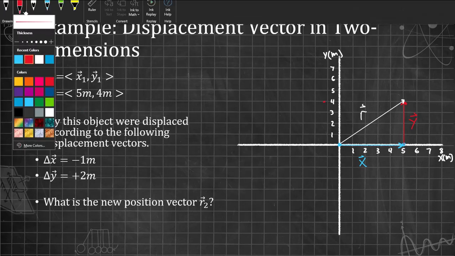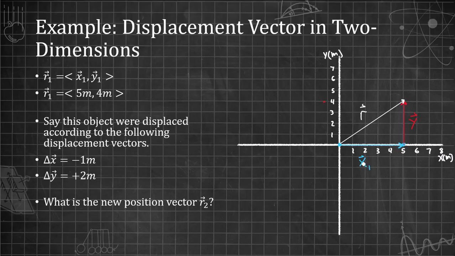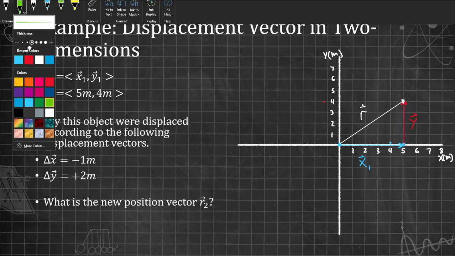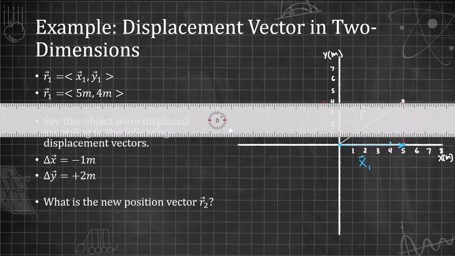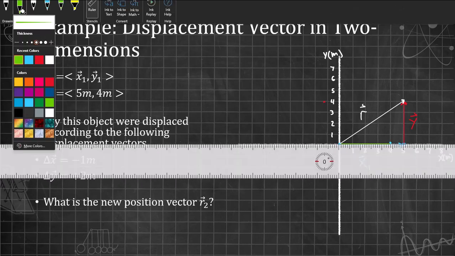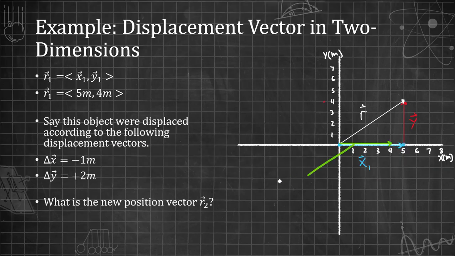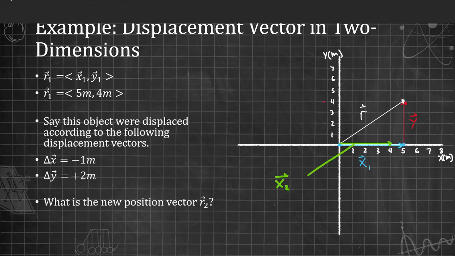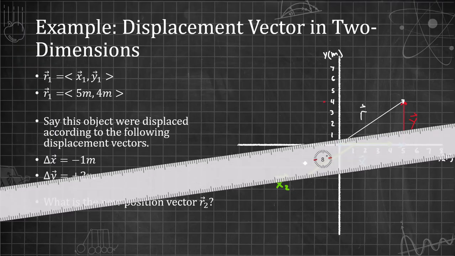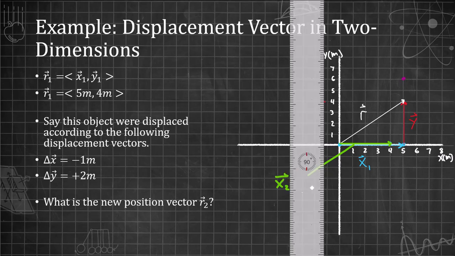Now say we have some displacement that occurs in the x direction and the y direction. So our x position vector and our y position vector both change by some amount. All we need to do to show our new vector, which we're going to call r2, is change each of the component vectors of r1. For the x vector, we're going to reduce the magnitude by 1 unit, since we have a delta x of -1.